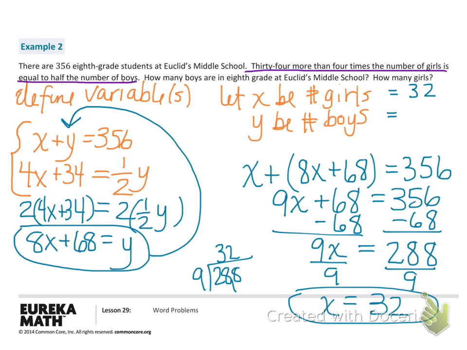Now I can figure out the number of boys easily because I can plug into x plus y equals 356. So the number of boys will be 356 minus 32, 324. So the number of boys is 324. And the number of girls is 32.